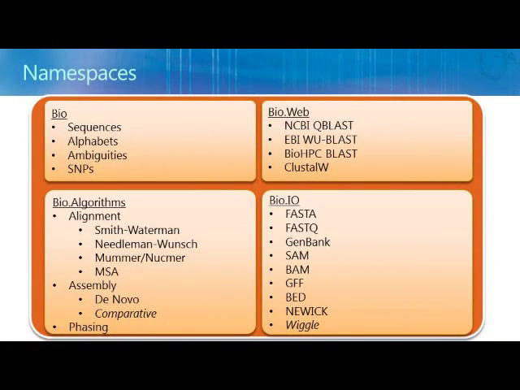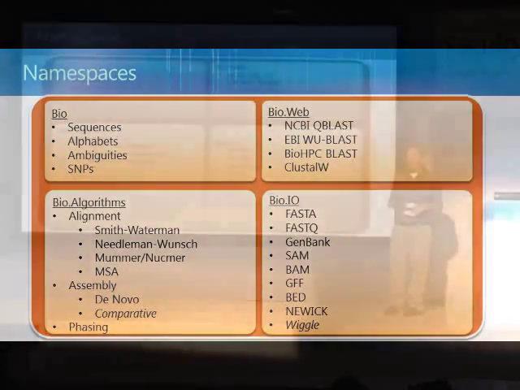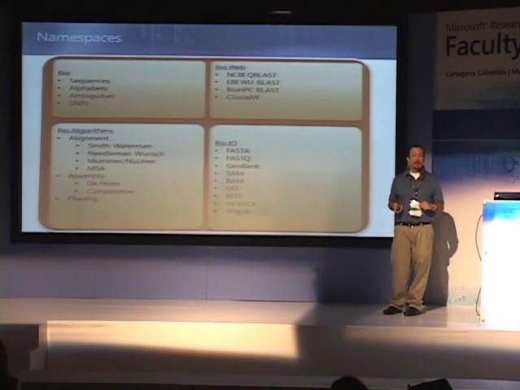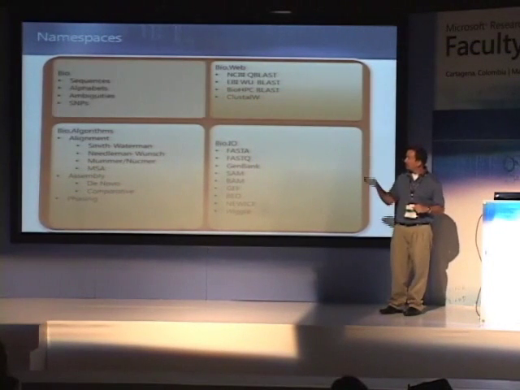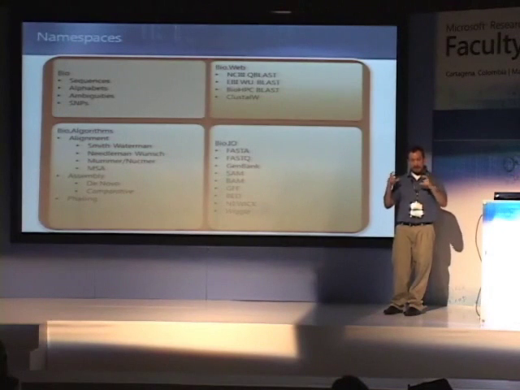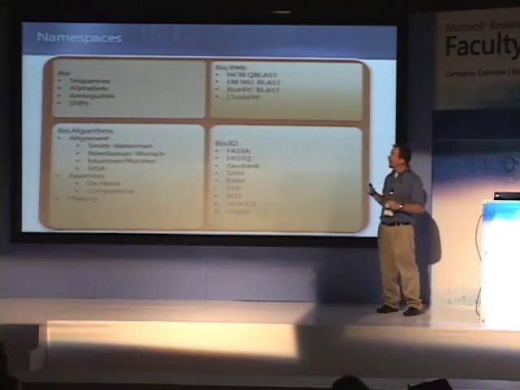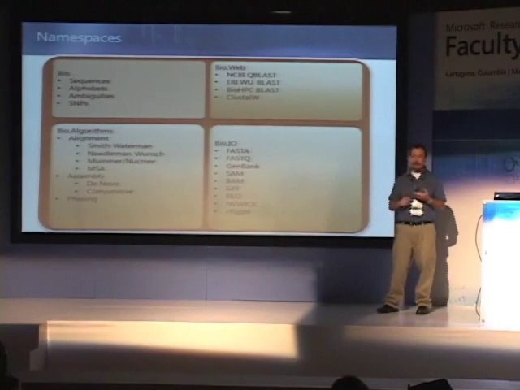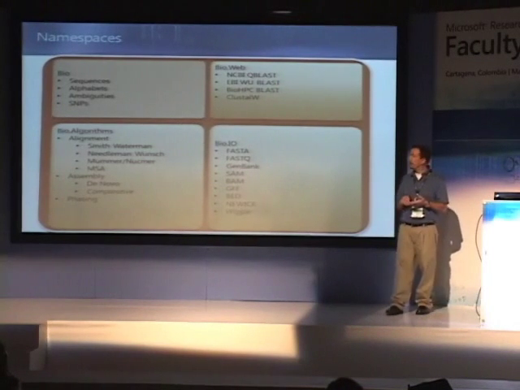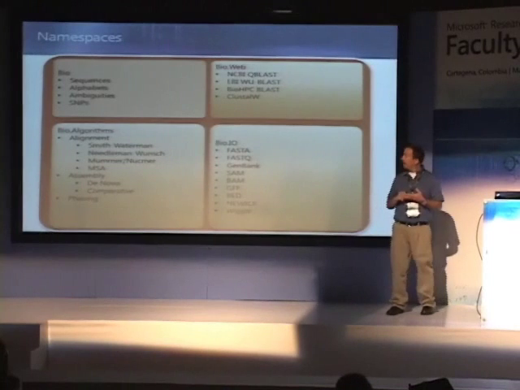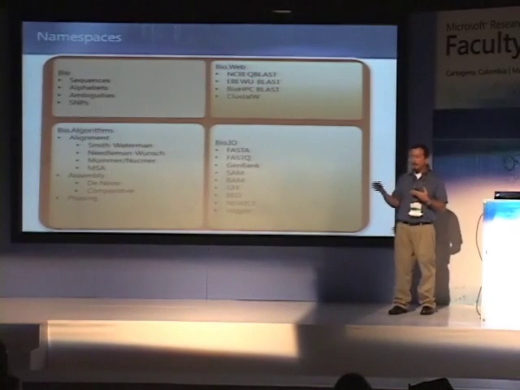Okay, getting a little bit deeper now. These are the namespaces we're currently using inside the library. The base name we start with is Bio, and this matches to the object model I showed on the previous slide. We have the concept of sequences, DNA, RNA, proteins, the different alphabets, and ambiguity characters are supported.